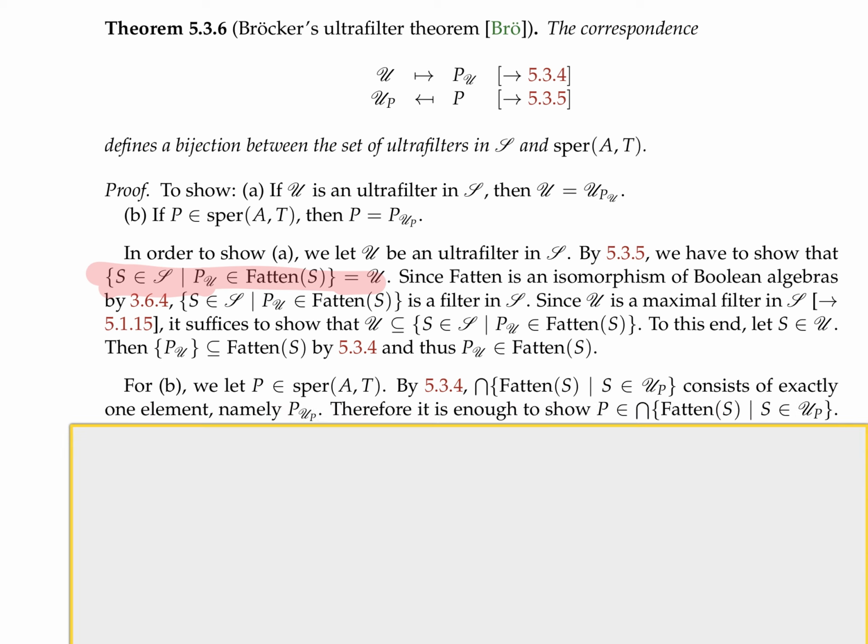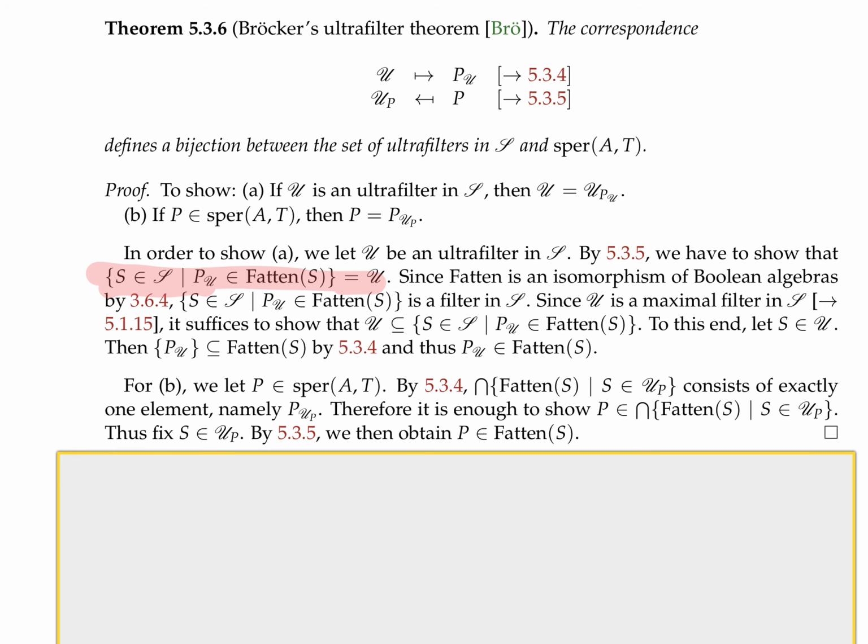Okay, and B, if P is in the real spectrum of AT, then you have to show P equals PUP. Let P be in the real spectrum of AT. So by 534 again, the intersection consists of exactly one element, namely PUP. Therefore, it is enough to show that P is this unique element, which is in the intersection. Okay.